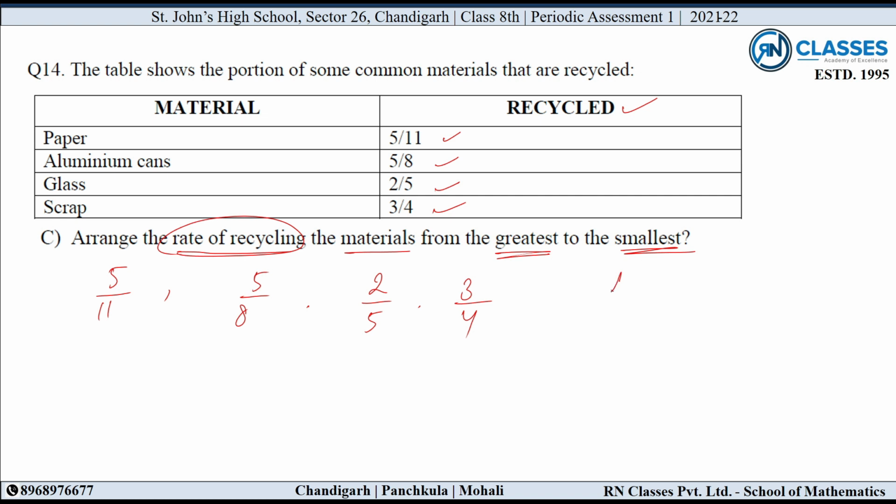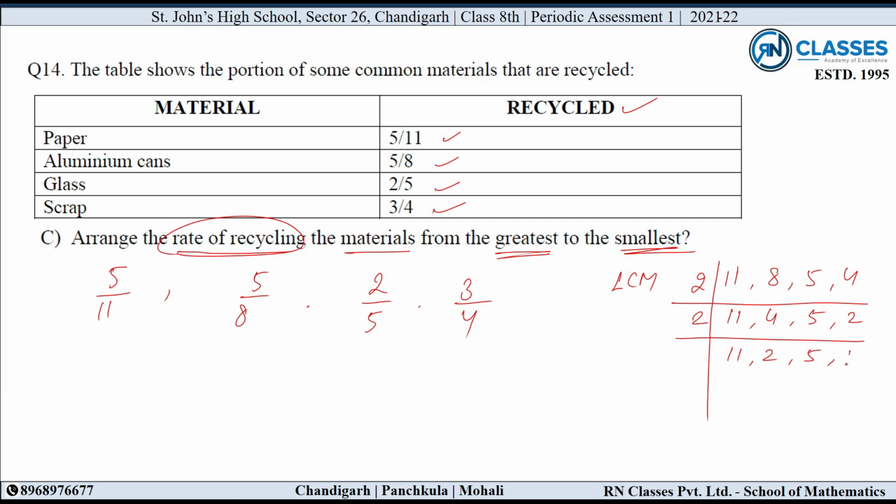Make the denominator same, means LCM. LCM for 11, 8, 5 and 4. Take the LCM. Okay. 2, 11, this comes out to be 4, this comes out to be 5 and this comes out to be 2. Again 2. 11, this comes out to be 2, this comes out to be 5, this comes out to be 1.